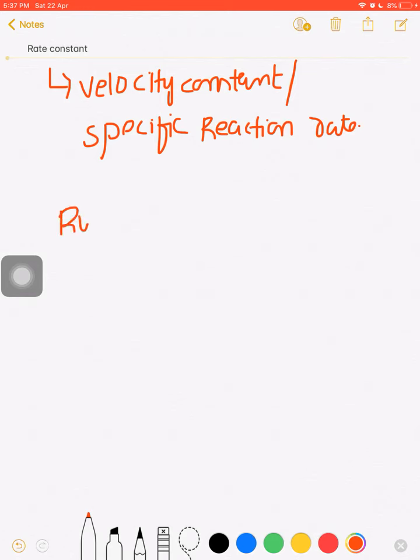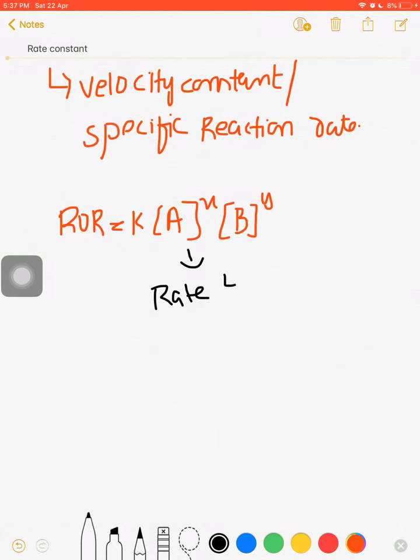Okay, let's write a rate law expression. Just for example, rate of reaction is equal to k [A]^x [B]^y, and this is basically a rate law expression, right?